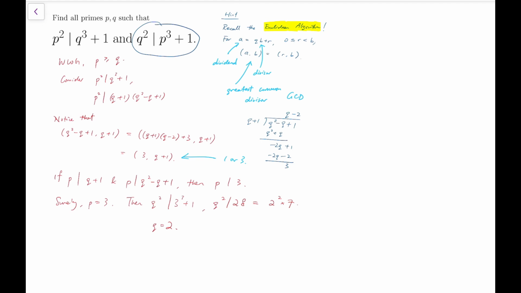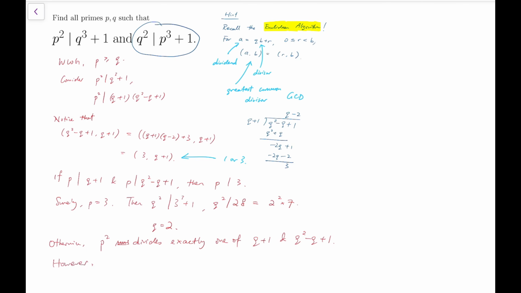Now, to our second case, which is just the opposite. Otherwise, because p squared has to divide q cubed plus 1, p squared must divide exactly one of them. So if it cannot divide both expressions, then it must divide exactly one of q plus 1 and q squared minus q plus 1.